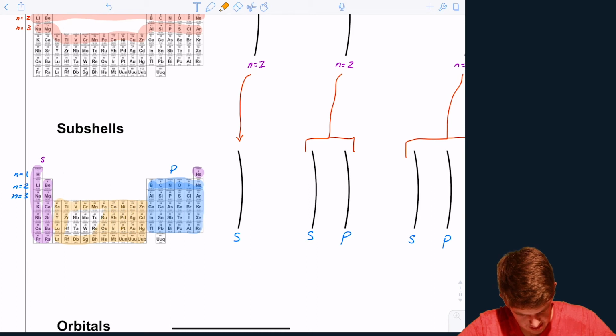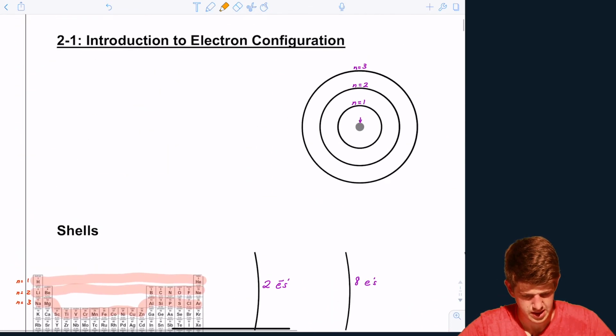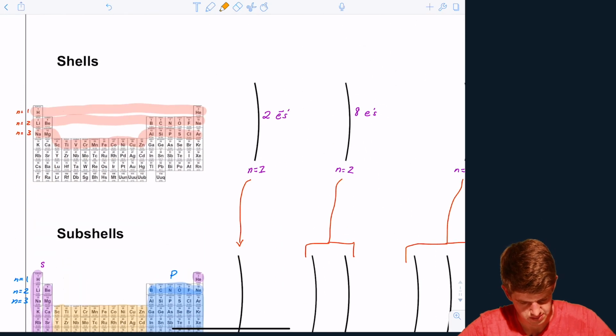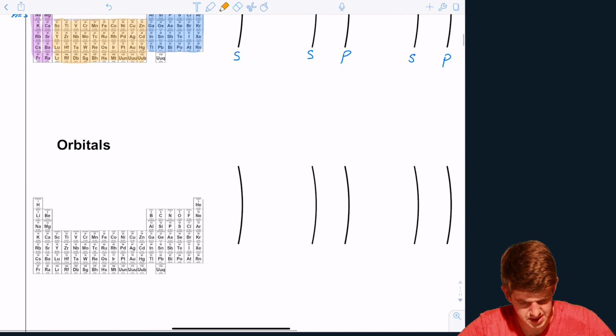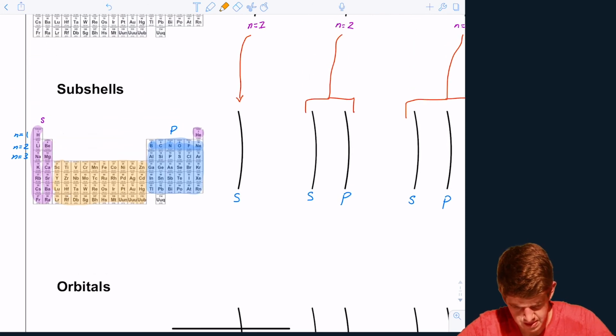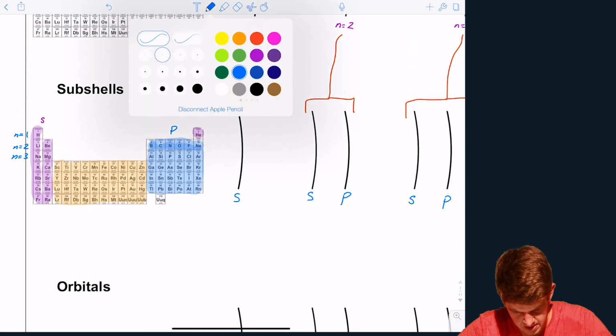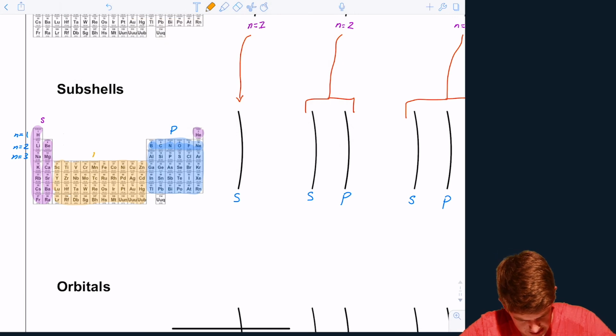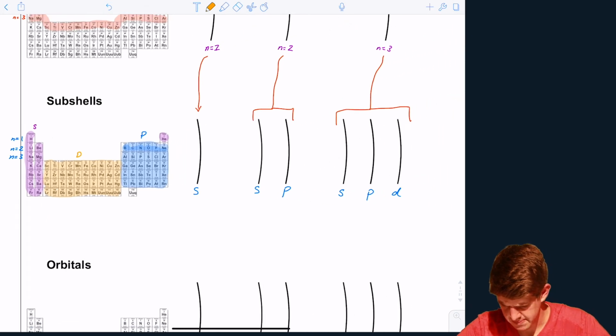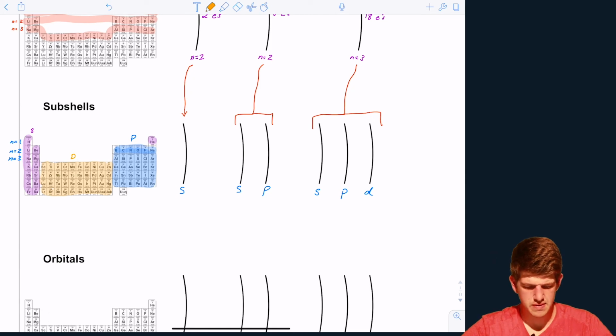So just like you saw earlier with how in shells we move downwards right here, we do the same thing here. So this will be my D block. And we don't have it pictured, but down here would be my F block. But we're not going to worry too much about that right now. So here's all of these subshells, and it kind of makes sense.